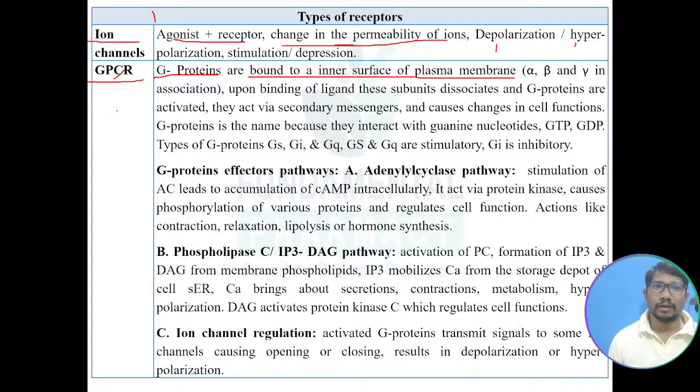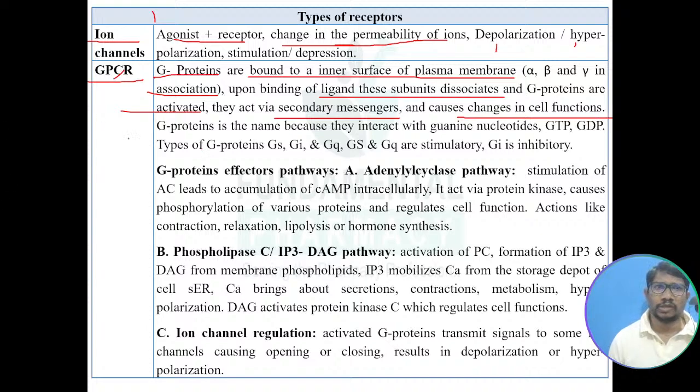They are in a group, in an association. When a ligand binds to a GPCR, these subunits dissociate, these subunits separate, and G proteins are activated. Now these G proteins act via secondary messengers. They cause the change in the cell function via secondary messengers.